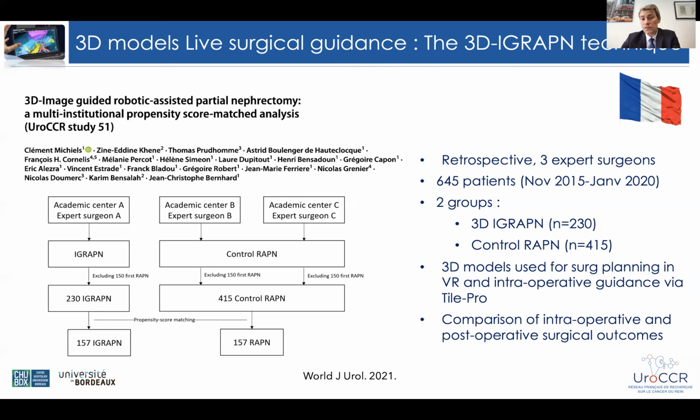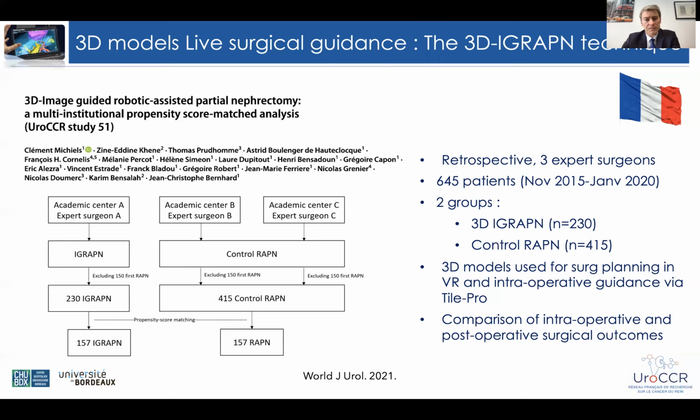So 3D models in the 3D image-guided robotic-assisted partial nephrectomy group were used for both surgical planning in virtual reality, but also intraoperatively, as I showed you before, when you plug the computer to the robot console and use the TilePro function.